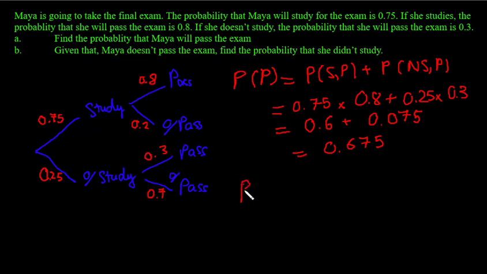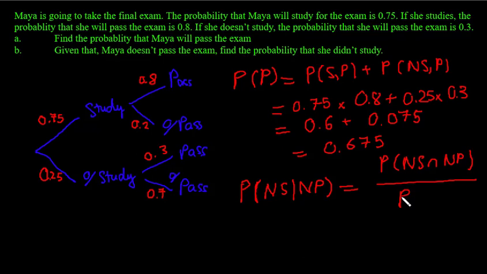Moving to the next question: given that Maya doesn't pass the exam, find the probability that she didn't study. Here we have P of no study given not pass equals P of not study and not pass over P of not pass.